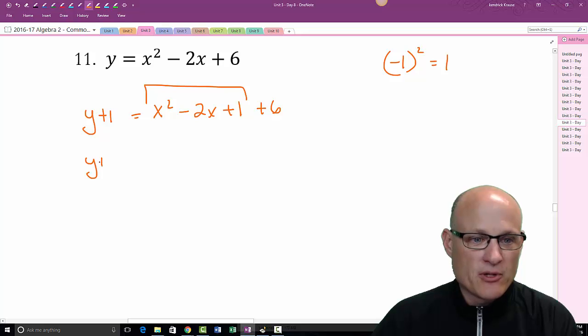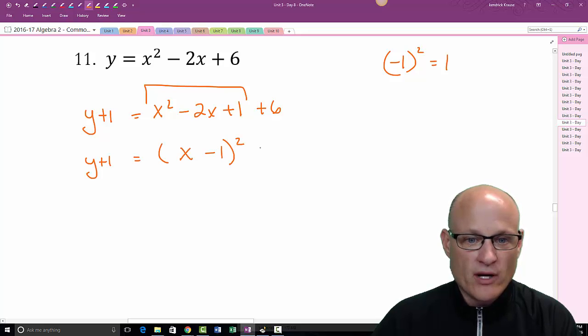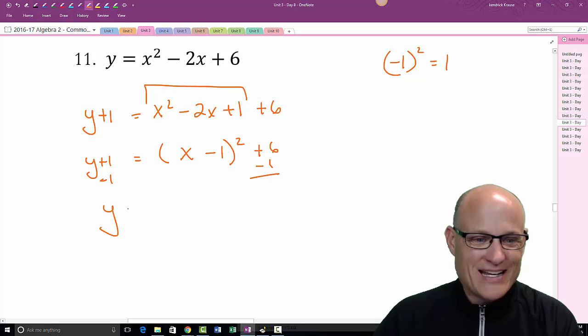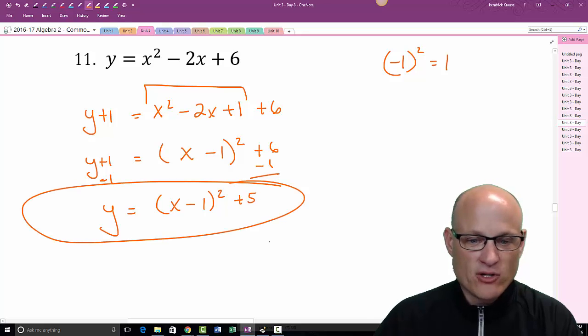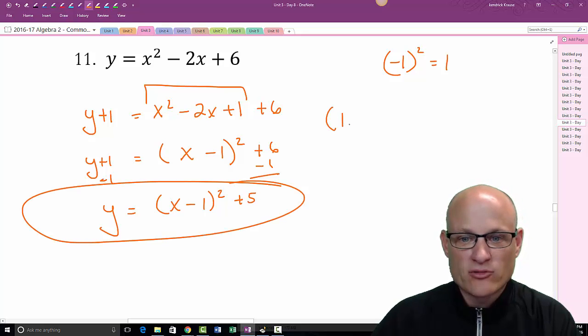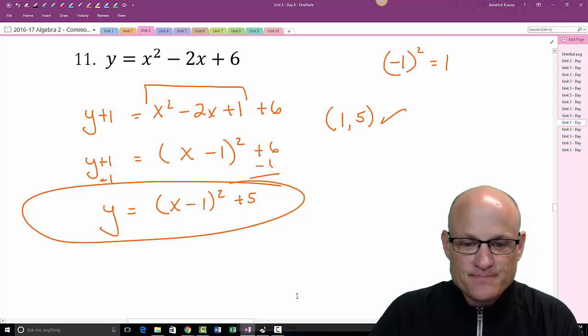So we have y plus 1 is equal to (x minus 1) squared plus 6. All right, now we're going to subtract 1, and I get y equals (x minus 1) squared plus 5. And my vertex is positive 1, 5. Catching! All right.